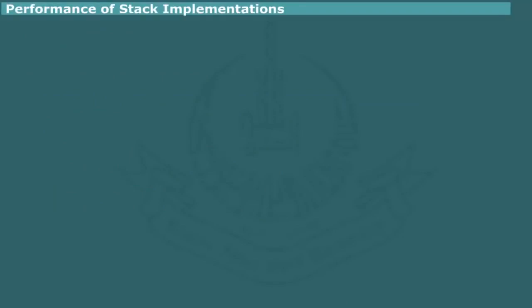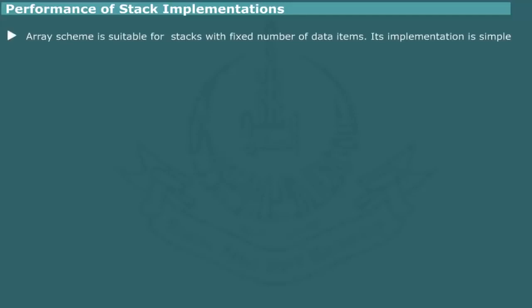We have seen that array implementation of a stack is simple, short, and efficient. It provides direct access to the topmost element in array. The array implementation is most suitable for applications involving a small number of stack elements of known size.